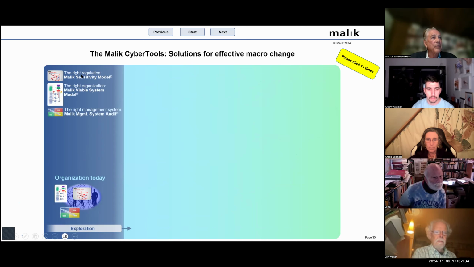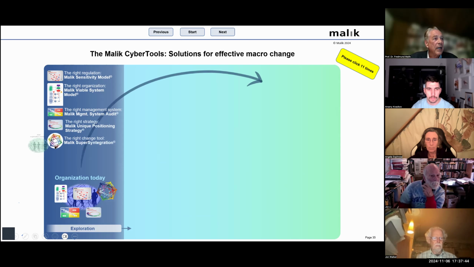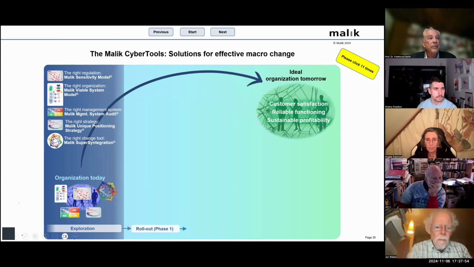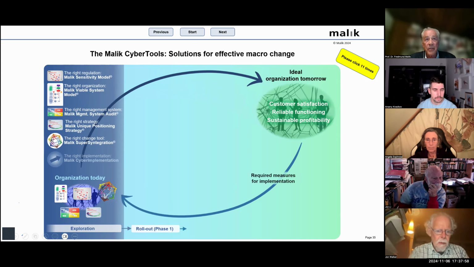And then we have some models: a sensitivity model, the viable system model, the Malik management system audit, and right strategy. And this is the super-integration, which we have called it and use it. And therefore, you see the icosahedron from Stafford, and we have customer satisfaction here, reliable functioning.